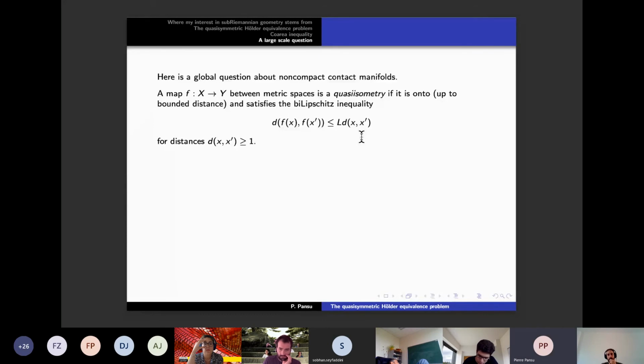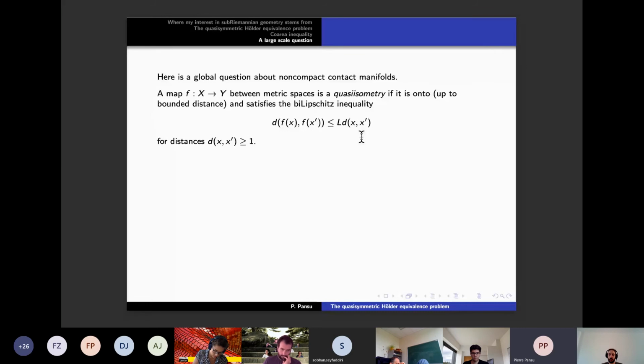Right? So, example. If you start with Heisenberg group and compare a left invariant Riemannian and sub-Riemannian metric, of course, they are not bi-Lipschitz equivalent. They are not even locally bi-Lipschitz equivalent, but they are indeed quasi-isometric. Because if you discard the short distances, there's no problem in comparing those distances.